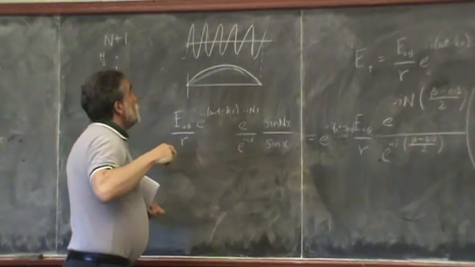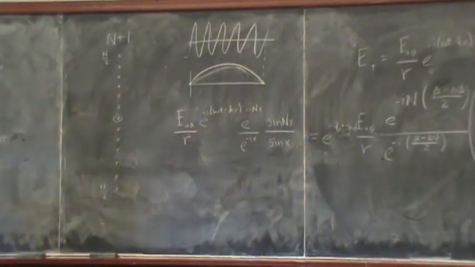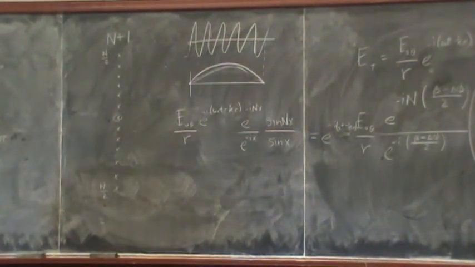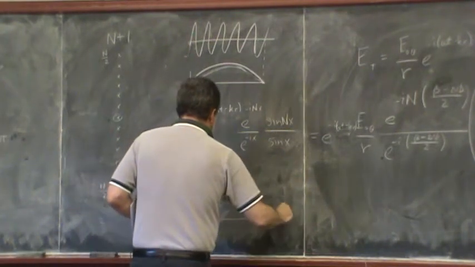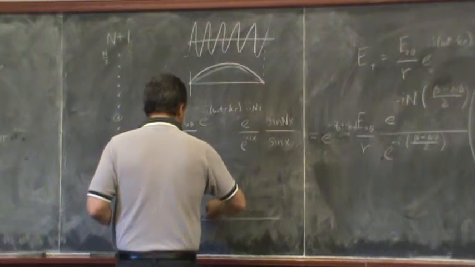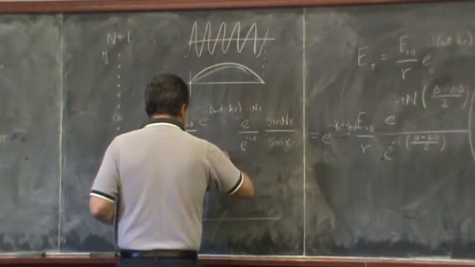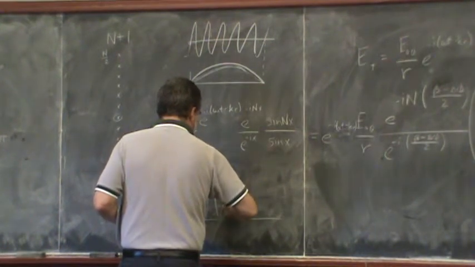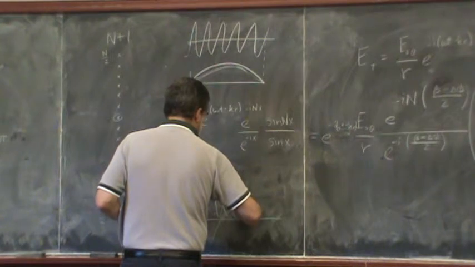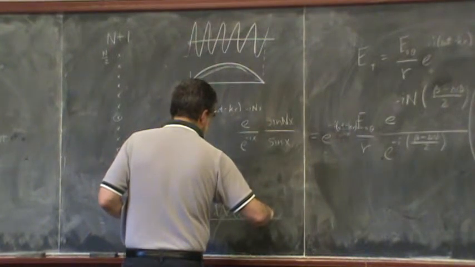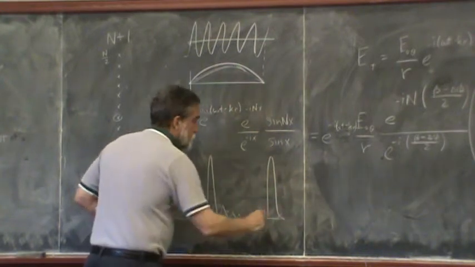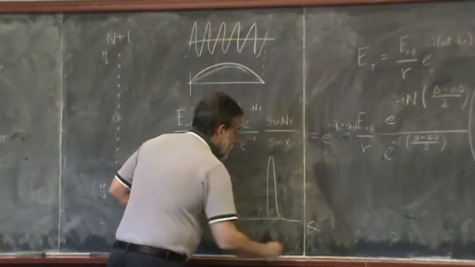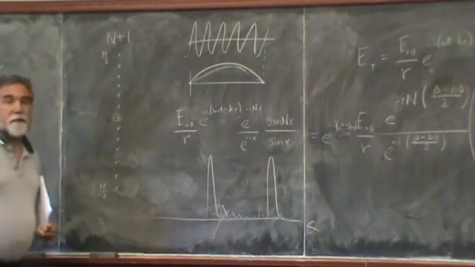So what happens is that I get an intensity pattern, which I've printed in the notes, but I didn't bring my computer along to show you. That looks like this, as a function of angle, and equally to the other sides.